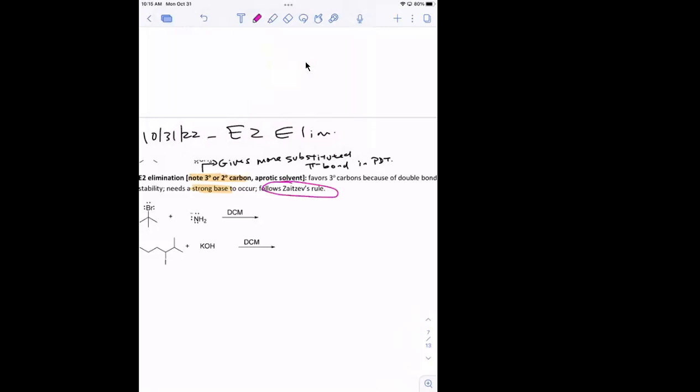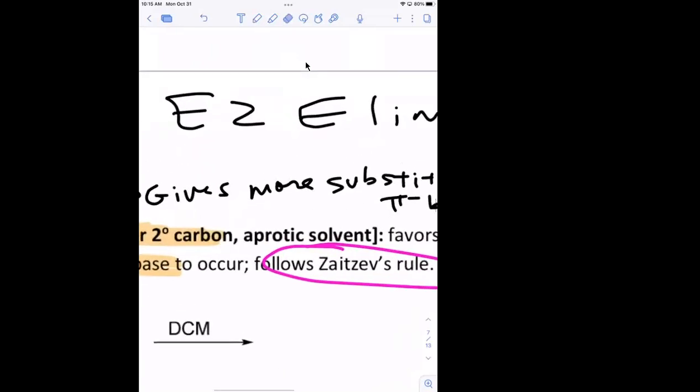So here's the question. Based on what we've learned already about SN2 and SN1, what does the 2 in E2 mean? That's not EC, by the way, my bad handwriting.